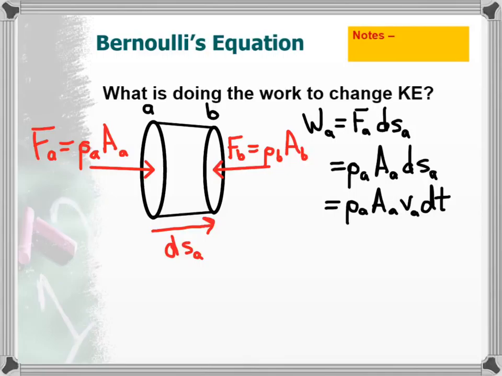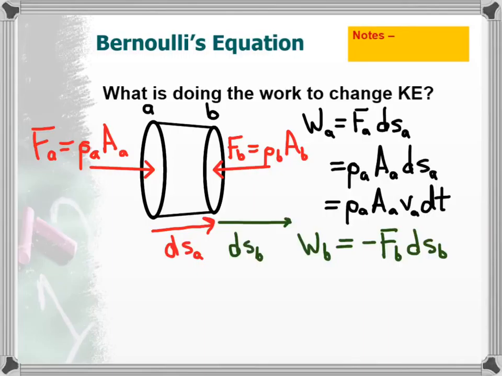Okay. Likewise, we can calculate how much work is being done by this force over here. Since that force is pointing in the opposite direction, it's actually going to do negative work. And also note that this fluid doesn't necessarily go the same distance. This part of the fluid could go a different distance, so we're going to call that different distance dsB.